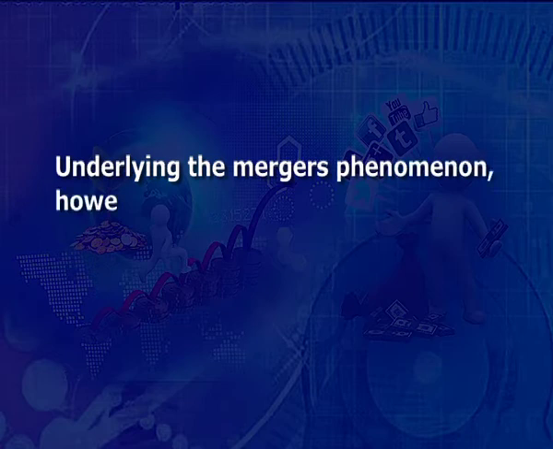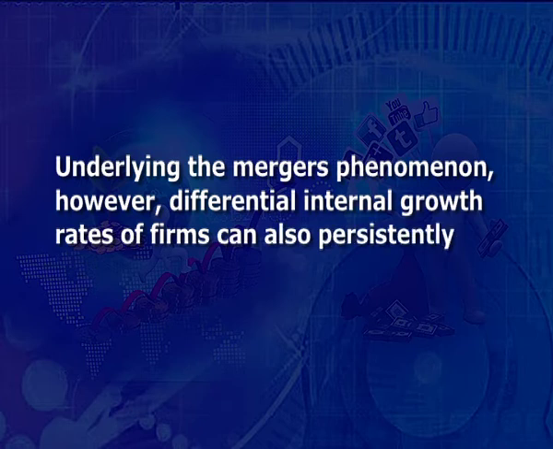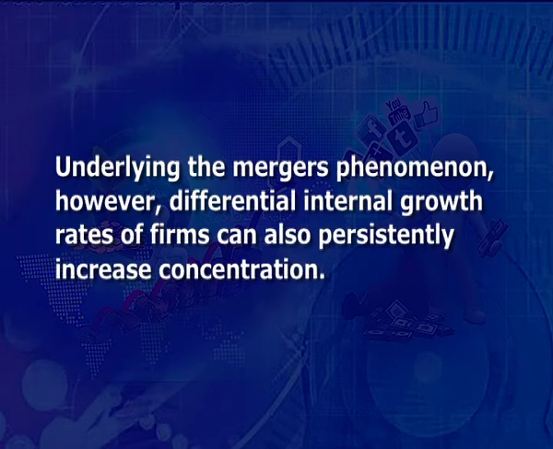This simultaneously leads to a large increase in firm size and a reduction in firm numbers, and this factor has been important in previous times. Underlying the merger phenomenon, however, differential internal growth rates of firms can also persistently increase concentration. This suggests that in the long run, at least, a commitment to maintain a competitive economy may require a policy not only to control mergers, but also to support small businesses in a positive way.